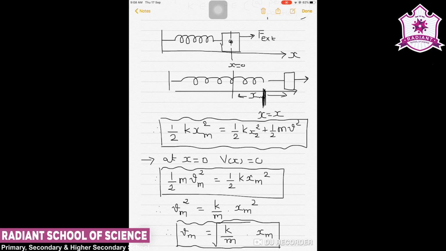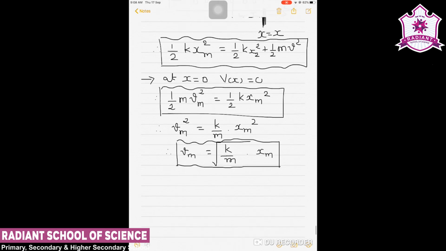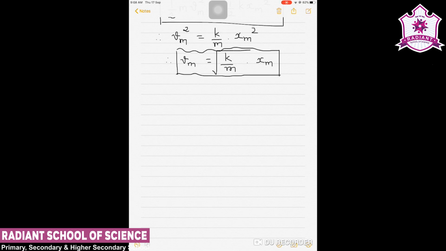Now here the k by m has a dimension of time inverse. We can check, because we have already explained that k is called the spring constant.